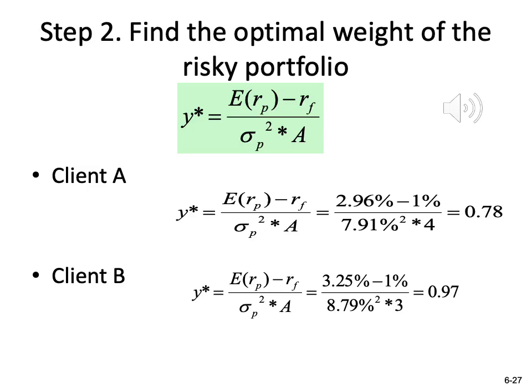For client A, the optimal weight to put in the risky portfolio is 78%. For client B, 97%, because client A and client B have different risk aversion levels and they also pick different risky portfolios in the first step.